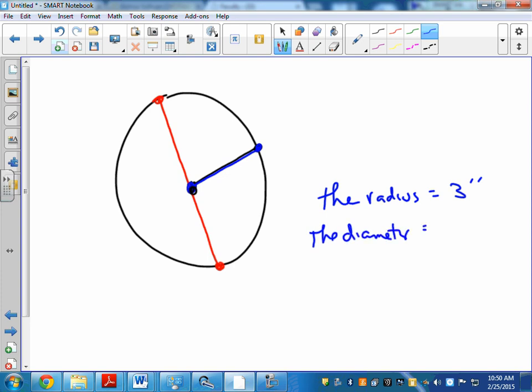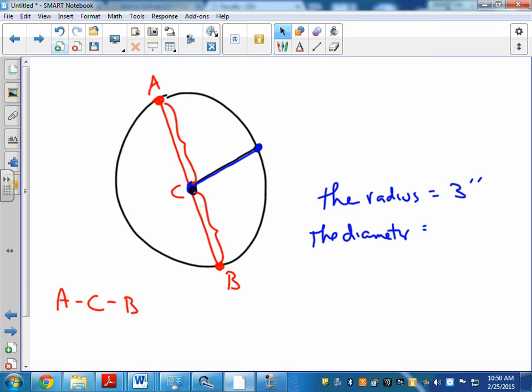Well, obviously twice as much. So here is a radius. Here is another radius. And the center is in between these 2 points. If this is A and B, we certainly have C is in between A and B. So we can say the diameter is equal to 6 inches, just double the radius. Not a difficult idea.